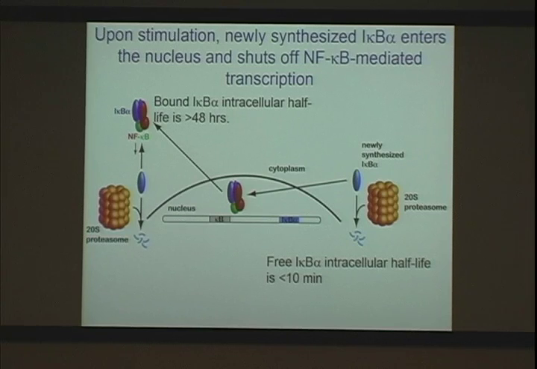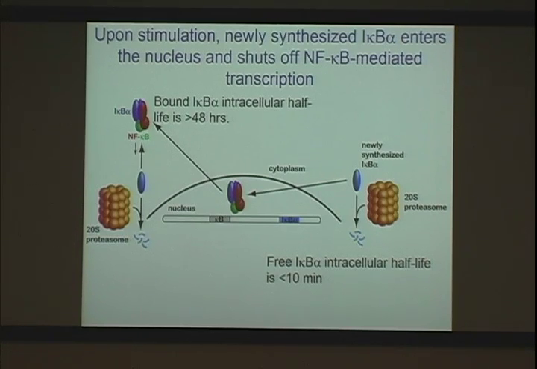One of the things that's really interesting about IkBα is that it has very different intracellular half-lives. When it's bound to NF-κB, it's exceedingly stable. It's very hard to measure any degradation of IkBα when it's bound to NF-κB.